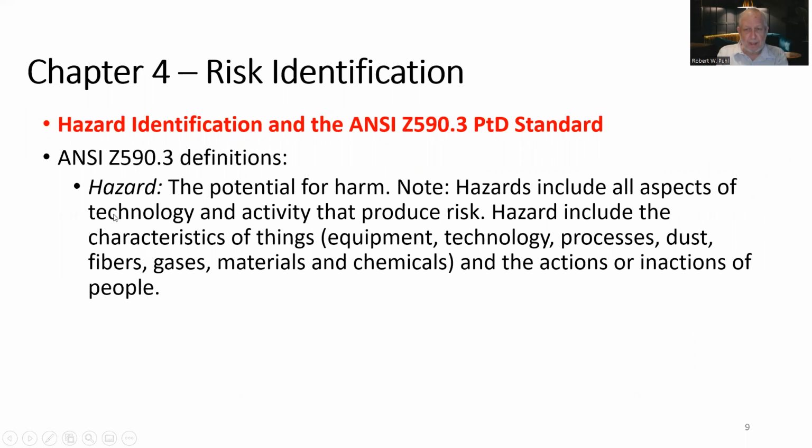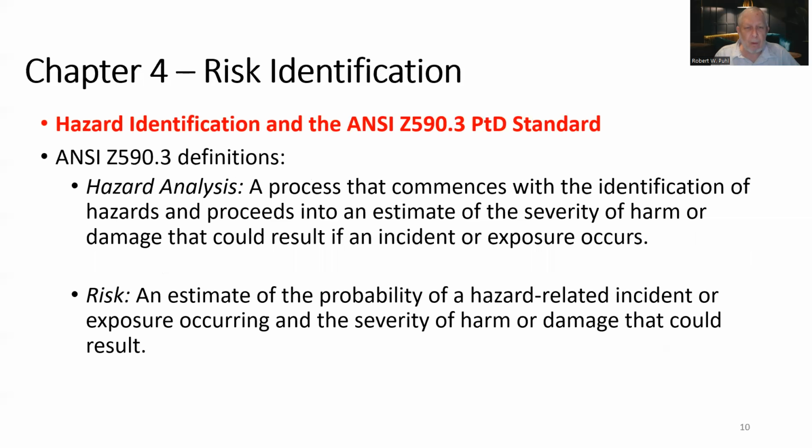ANSI Z590.3 definition: hazard, the potential for harm. Note, hazards include all aspects of technology and activity that produce risk. Hazard includes the characteristics of things, equipment, technology, processes, dust, fibers, gases, materials, and chemicals, and the actions or inactions of people.